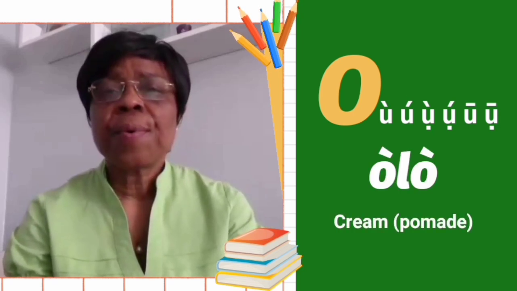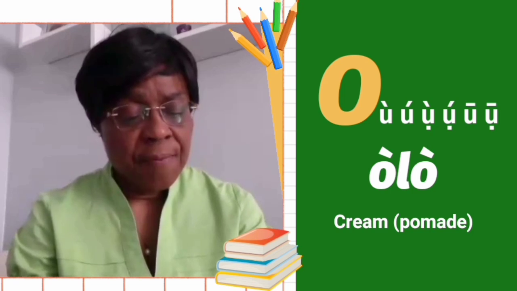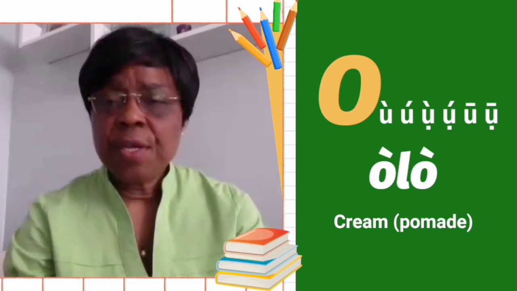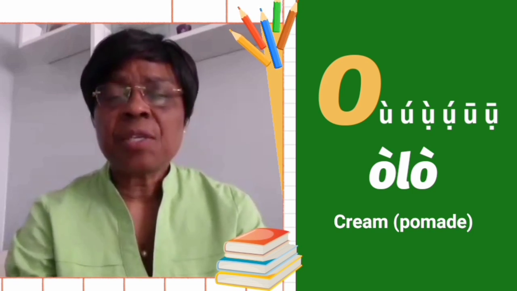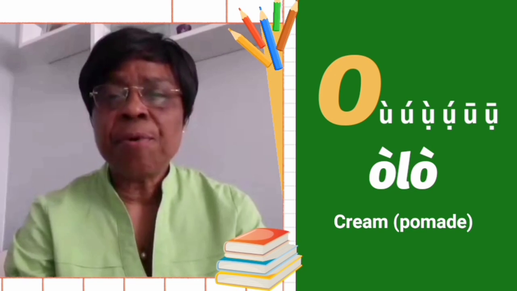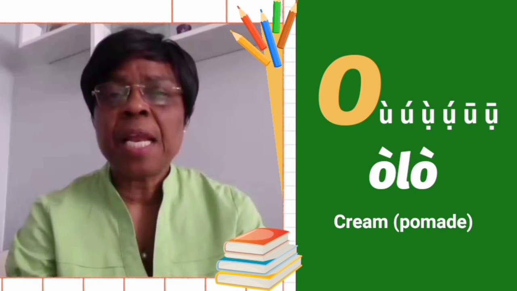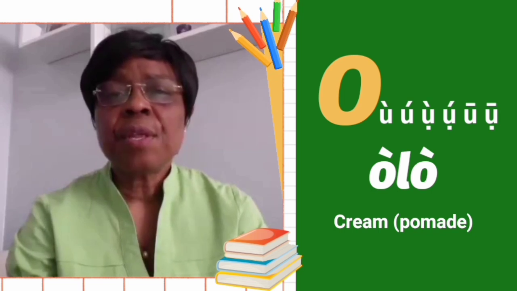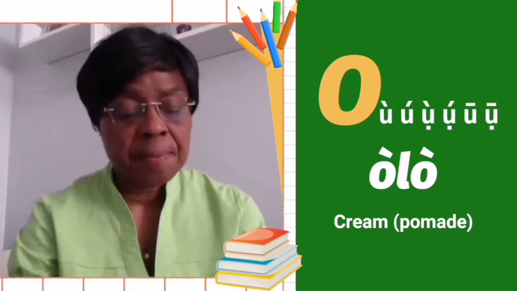The diacritics marks on olo are falling, both O at the beginning and O at the end.